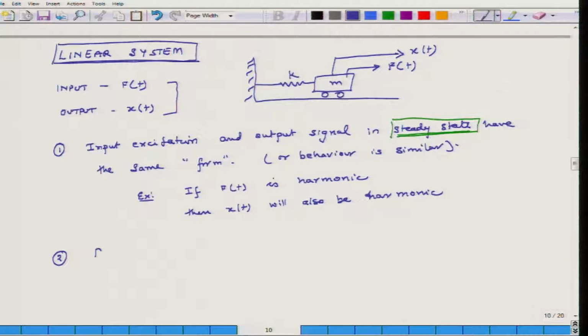Okay. So, this is one. Second, the rule of superposition works. What does this mean?